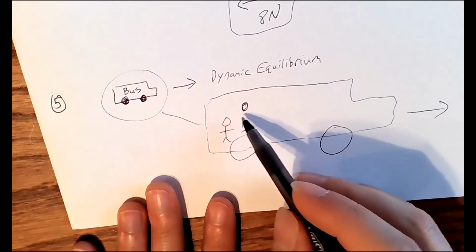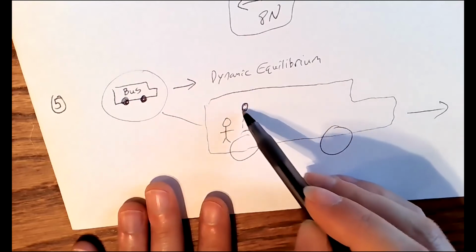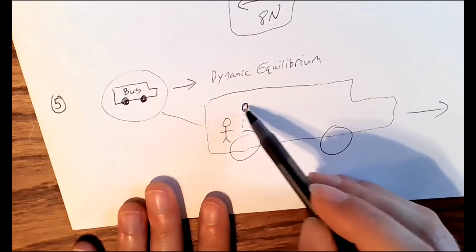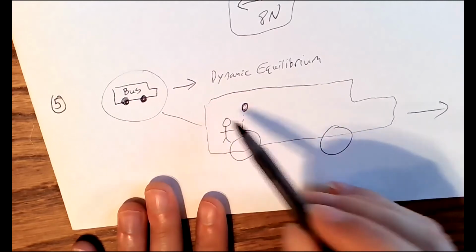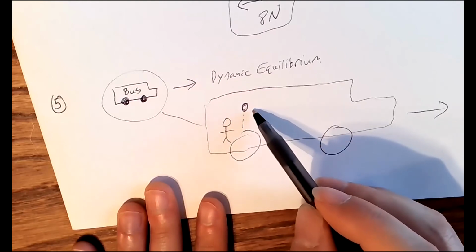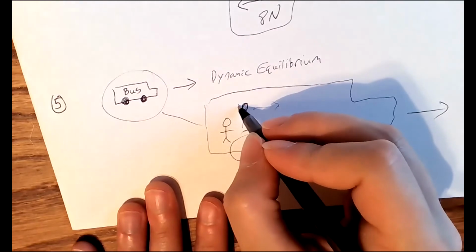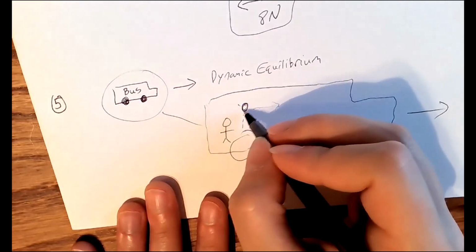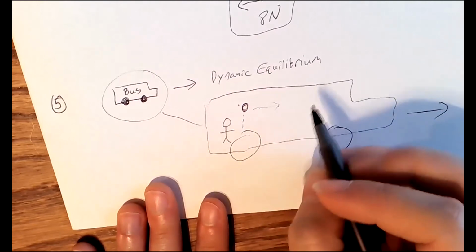Well, the movement of the bus will be competing with the inertia of the ball. The ball wants to continue doing whatever it's doing, but so does the bus. So when the ball reaches into the air, the bus is moving forward, and that ball is going to stay in this place, but the bus will be moving forward.